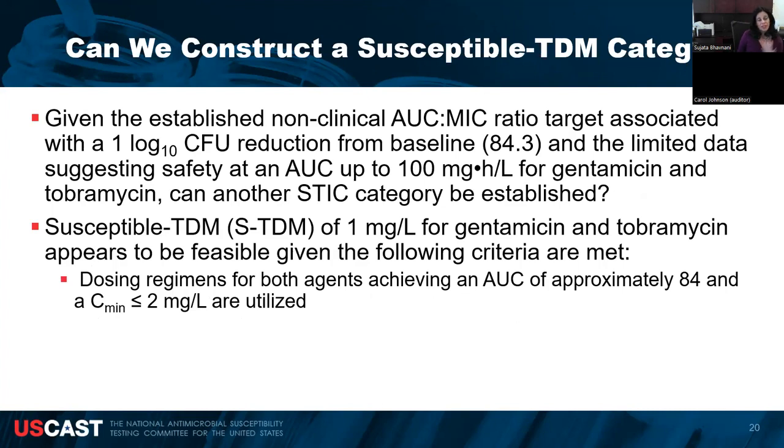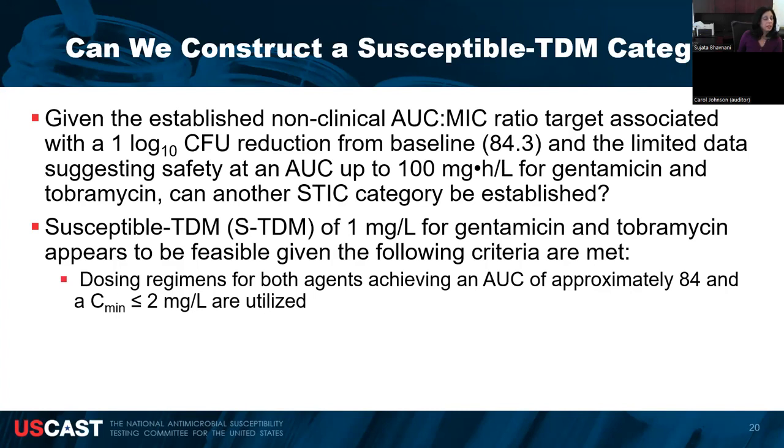So we asked ourselves the question, could we construct a susceptible TDM category? Could we do that given the established non-clinical AUC to MIC ratio associated with 1 log that we've been discussing? That was 84.3 for Enterobacterales and similar for SUD.